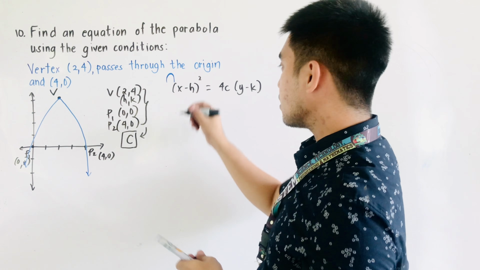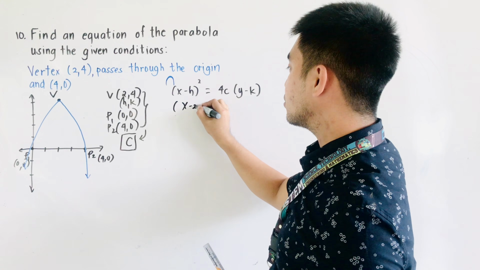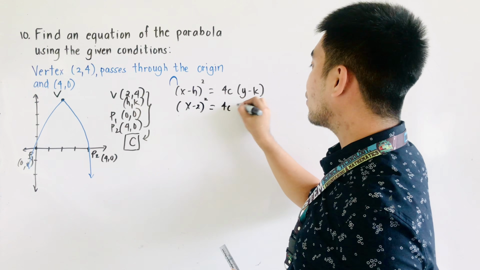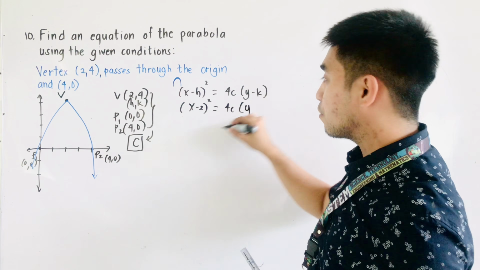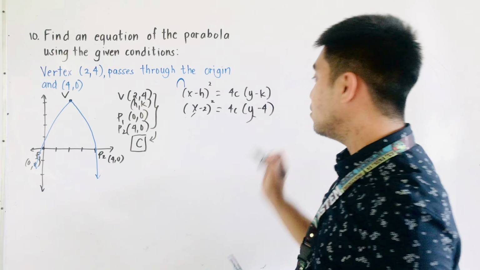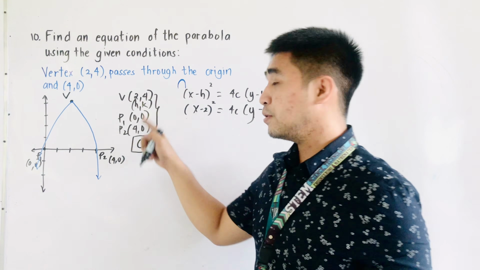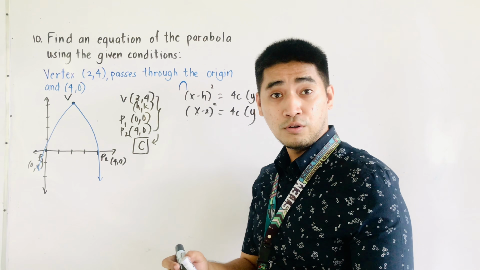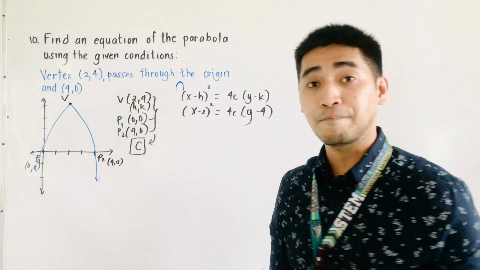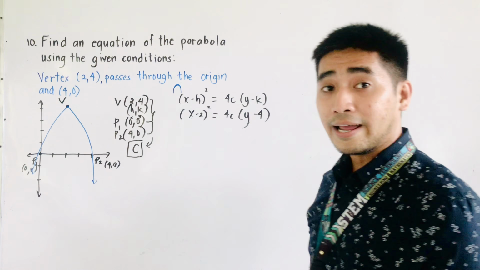So (x minus h) becomes (x minus 2) squared is equal to 4c times y, where our value of k is 4. To know the value of x and y, we could choose between P1 or P2. I will choose P1 because it is just (0, 0).